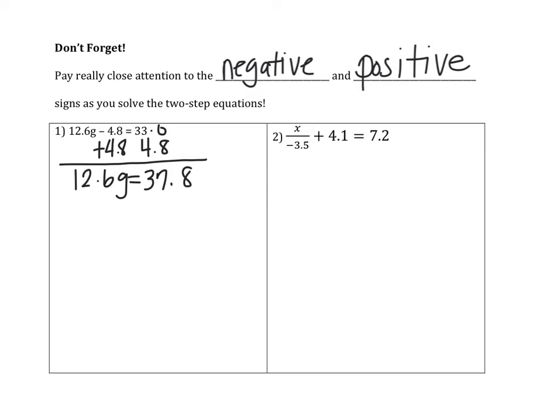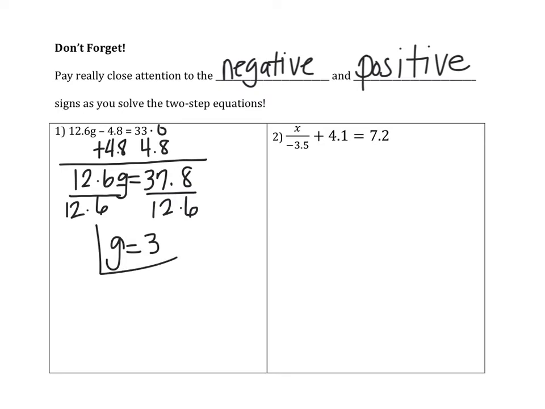And then we want to get g by itself. So this is our variable, g. It's being multiplied by 12.6, so we do the inverse operation and we divide by 12.6 on both sides. And when we do the math on that, the answer will be g equals 3.